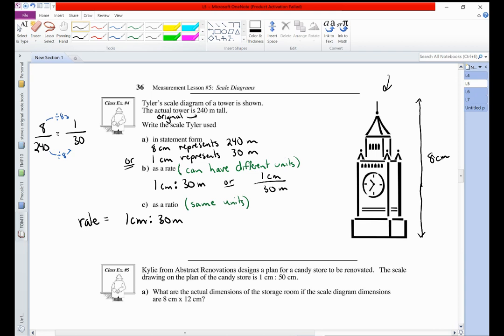It's easier to convert the meters into centimeters rather than the centimeters into meters, because it'll give us a weird decimal. So we want to convert 30 meters.